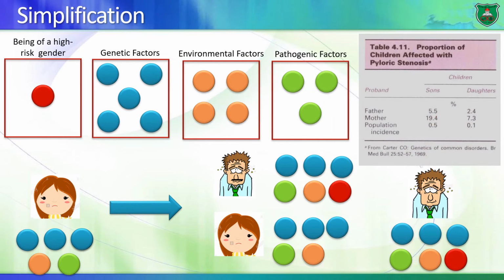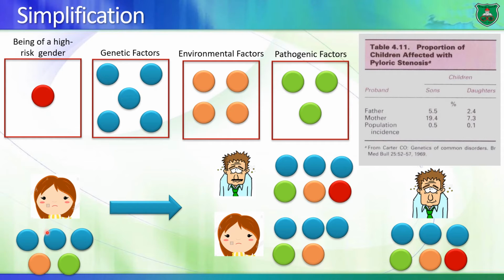Now, what if the female is affected? What is the chance that a male would be affected and a female would be affected? Again, the disease is associated with being male.